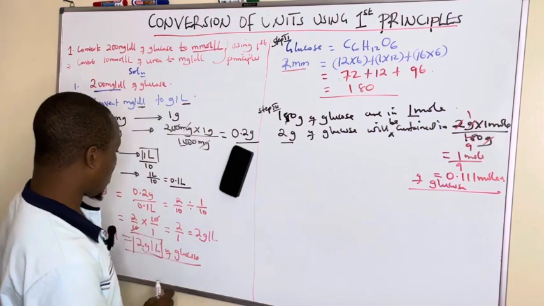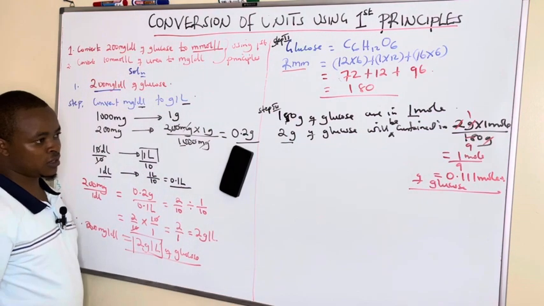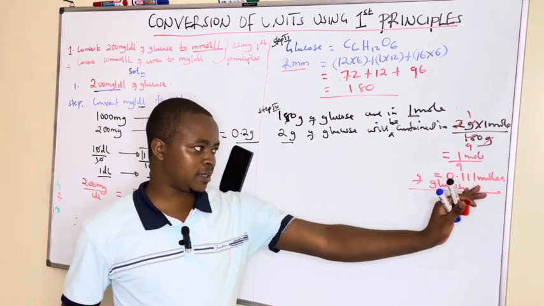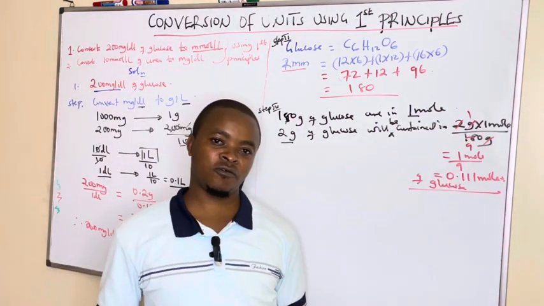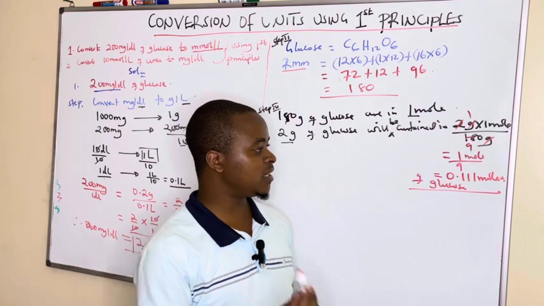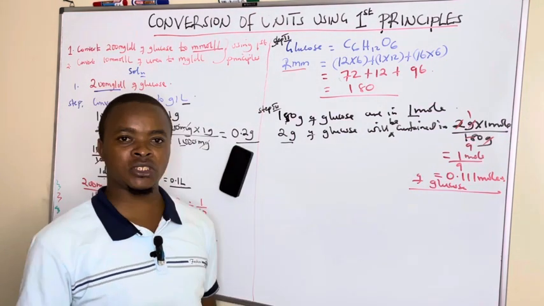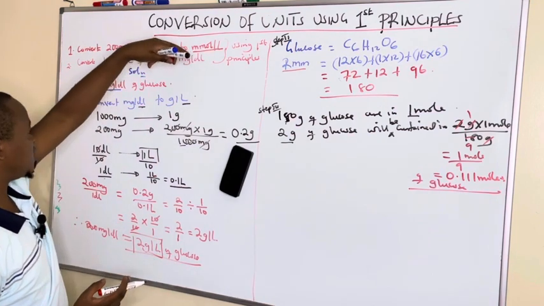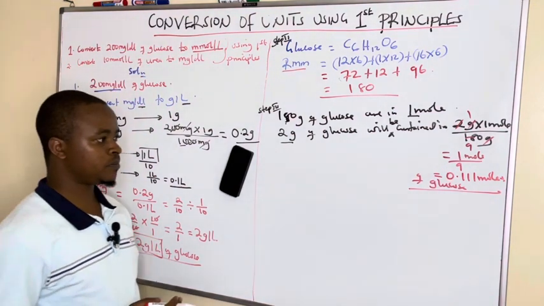So we are saying 2 grams in a liter of solution of glucose contains 0.11 moles of glucose. So after seeing this one, the last step is now to convert moles to millimoles, because the question wants you to put in millimoles per liter.